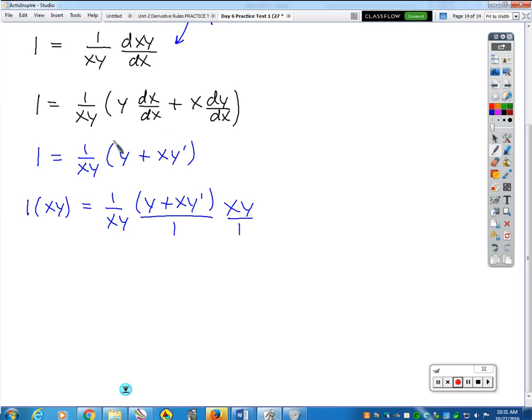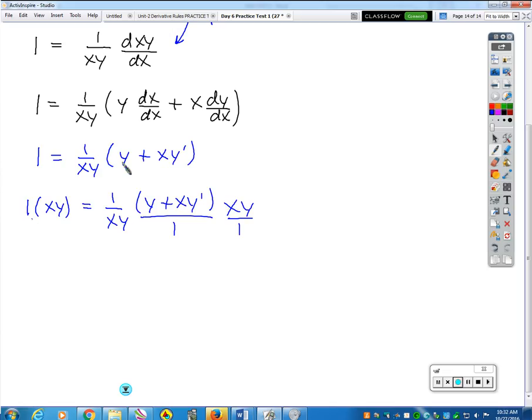So if I multiply all of this by xy, I see this times this times this. They're all factors. So this divides with this to make 1. But if I multiply this side by xy, I have to multiply this side by xy. Landon? Yeah. Jackson, why does the 1 over xy not multiply with the y?